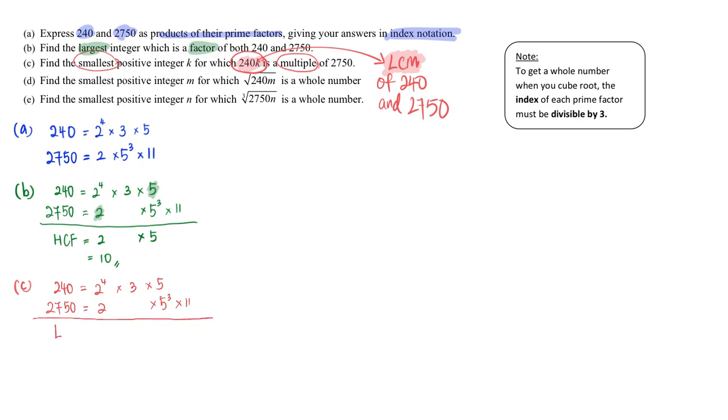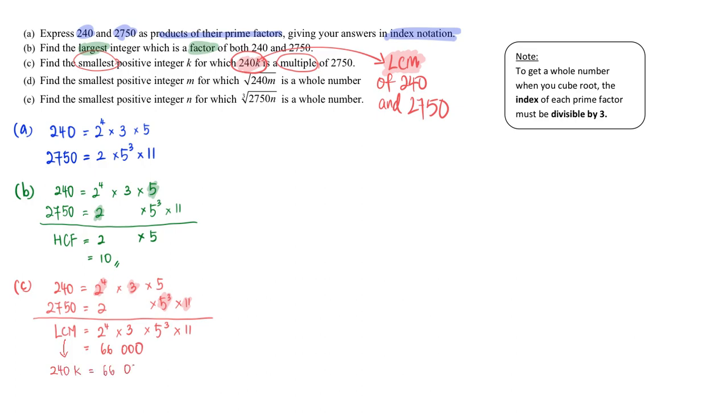From here, we need to find all the factors of the two numbers, and this will give me a value of 66,000.